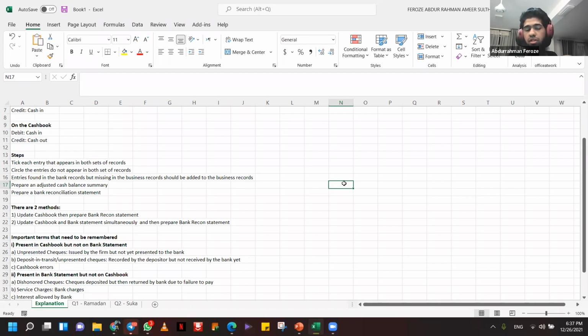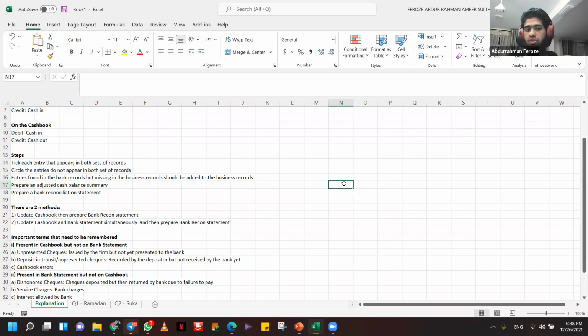Then you need to prepare an adjusted cash balance, and on top of that, you have to prepare the bank reconciliation statement. So each question usually will have two requirements. They'll ask you to prepare the adjusted cash balance, and then they will ask you to prepare a bank reconciliation statement. That's the requirement for all bank reconciliation questions.